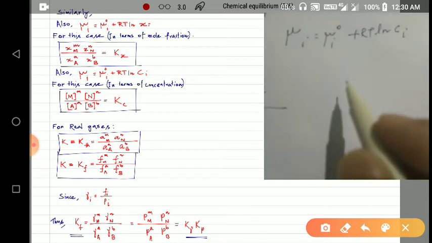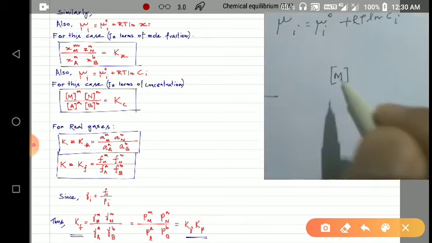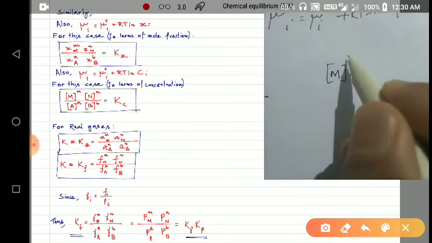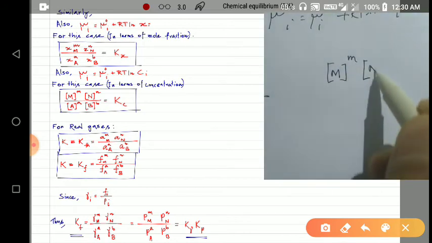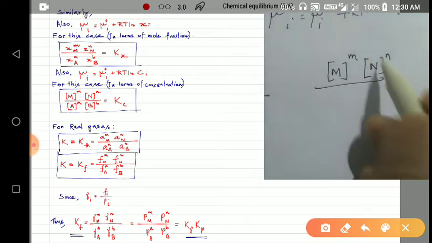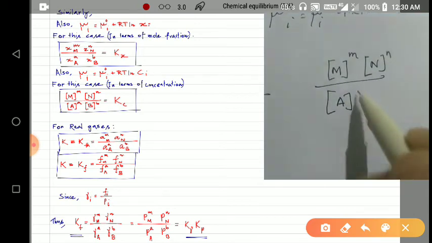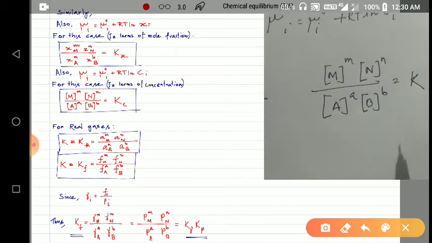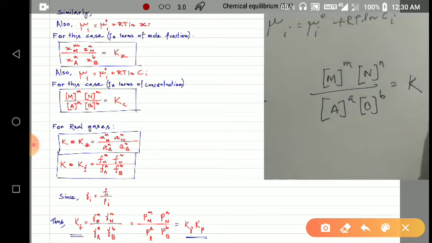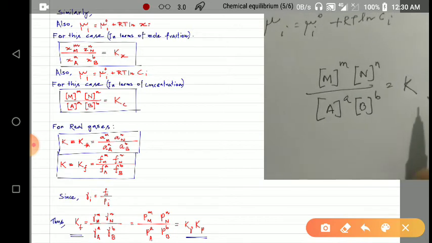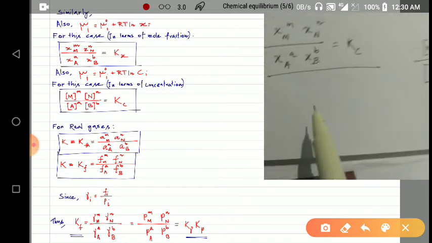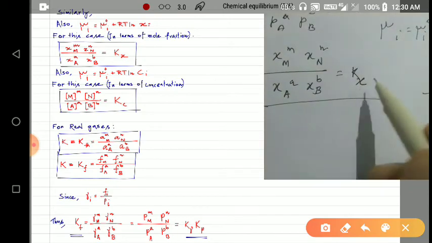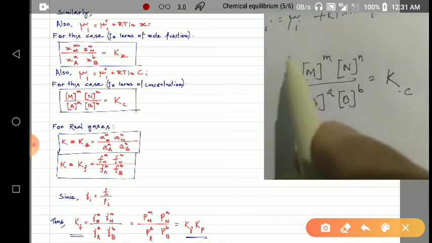The concentration of M is symbolized like this. So we have to write [M] to the power m, [N] to the power n, divided by [A] to the power a, [B] to the power b, is equal to K_c, because it is constant. Previously we wrote K_x, but now it is K_c.